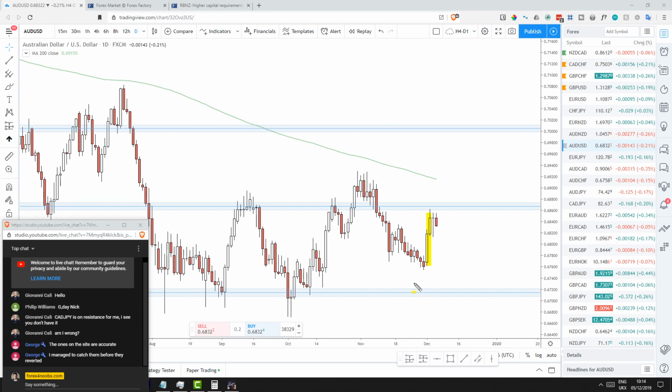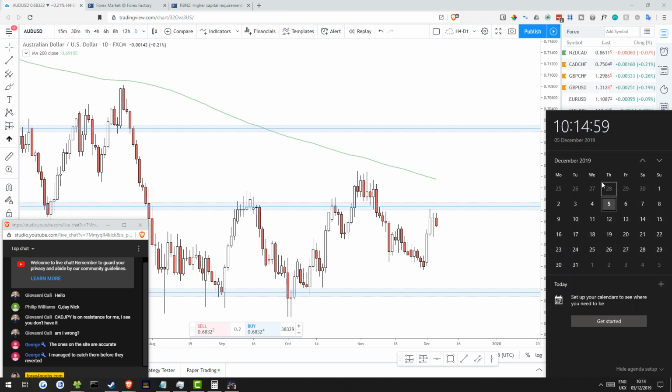These are the random moves I'm talking about. If you look at these candles throughout the end of November, it's all really small movements, with some random moves in between and then going back to small movements. So we're not seeing that much volatility right now. But as we get closer and closer to the end of the year, we're just going to see less and less. That's just the reality of trading.